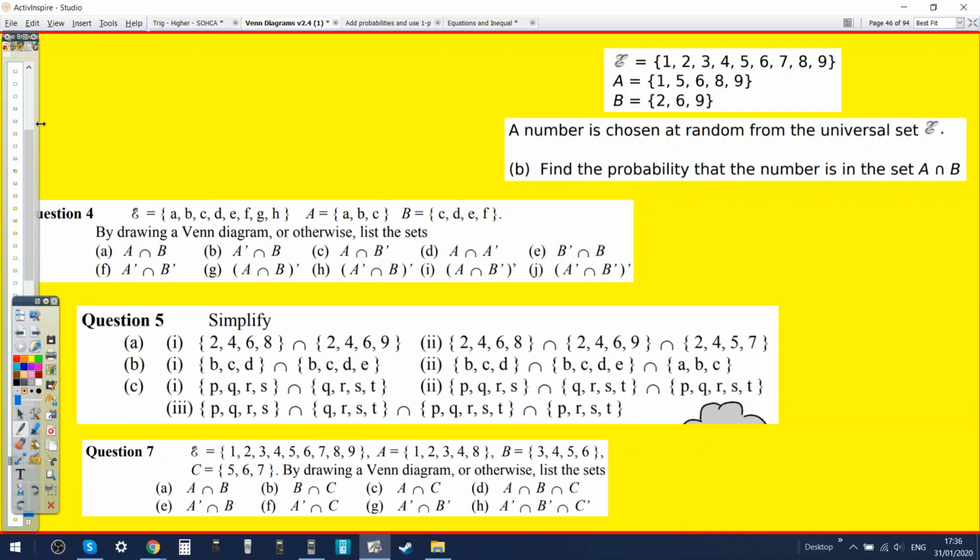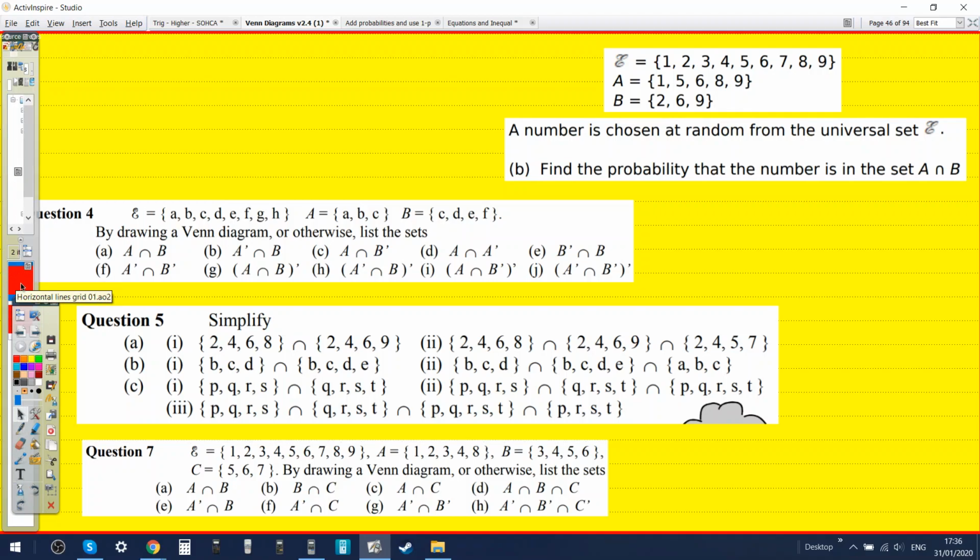No. That symbol, N, means intersection. It means both, like fish and chips. What numbers are in both? 2, 4, and 6. That's all there is to it. So curly brackets, 2, 4, 6.